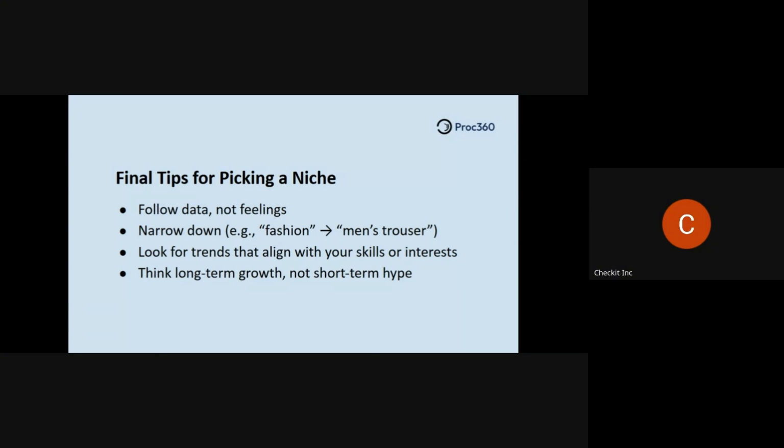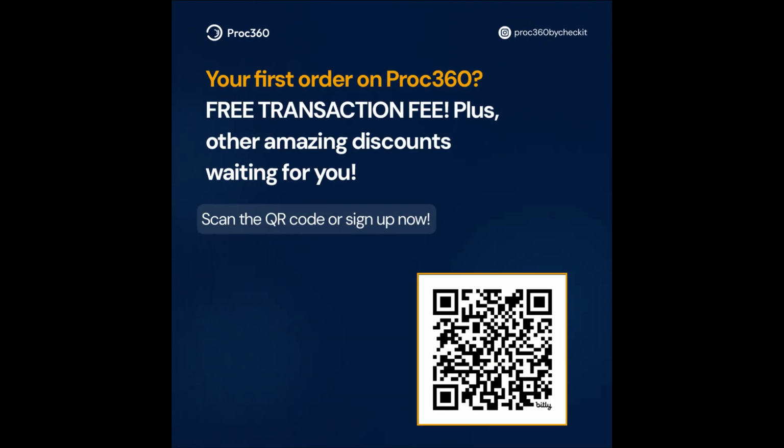But if you've checked the market and you've seen with the data that this is going to be more than just a hype, this is going to be long-term, then of course you should push for it so much. I would advise us to not just chase the trends blindly. We should pick a niche that has data, that has demand, and is something that you can consistently show up for. You can go all out for.